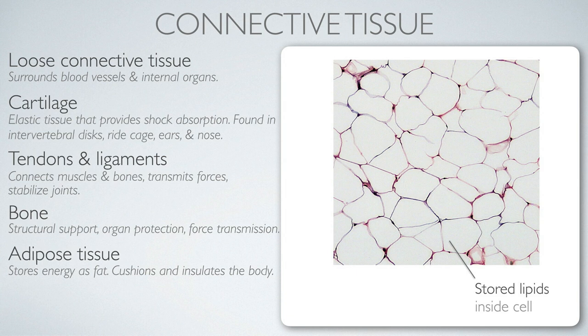So that sort of purple lining around those blobs of lipids is the cellular membrane, and the thickening of that section there is where you find the nucleus. So here we have a couple of nuclei that are highlighted. So fat tissue has that energy stored in the form of lipids inside of the cells.